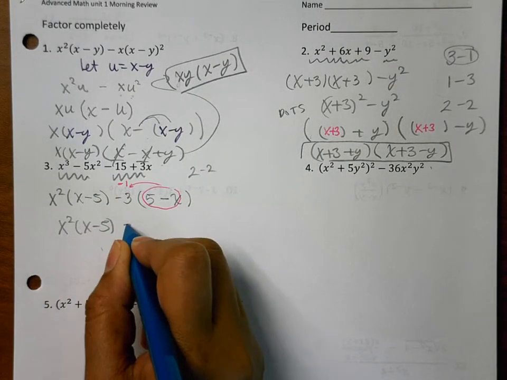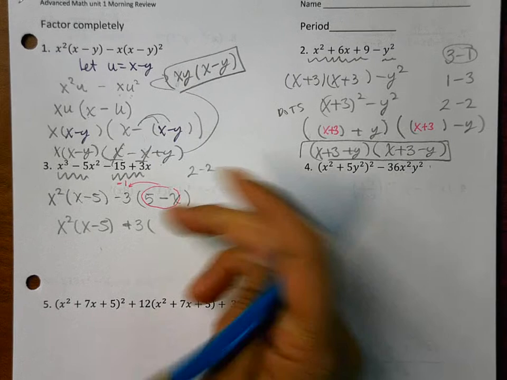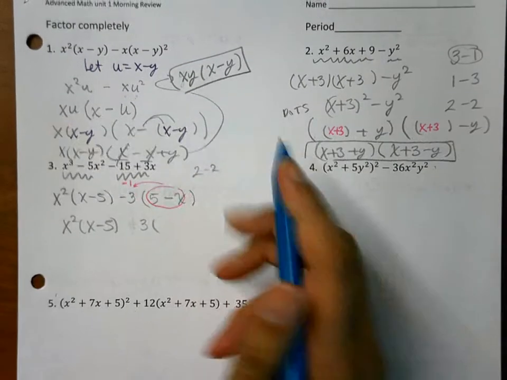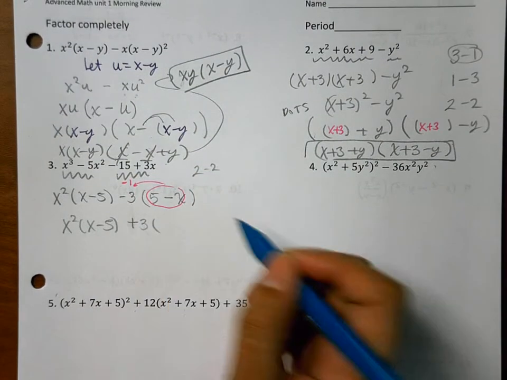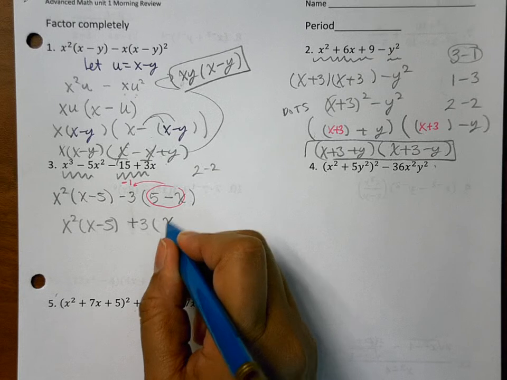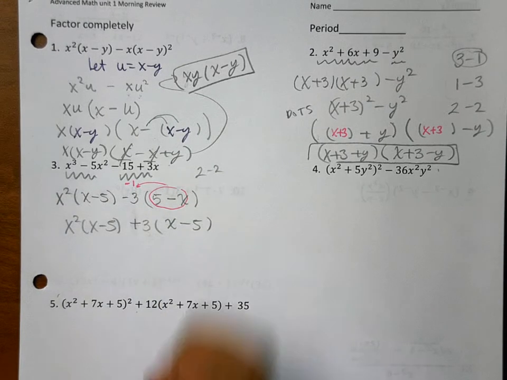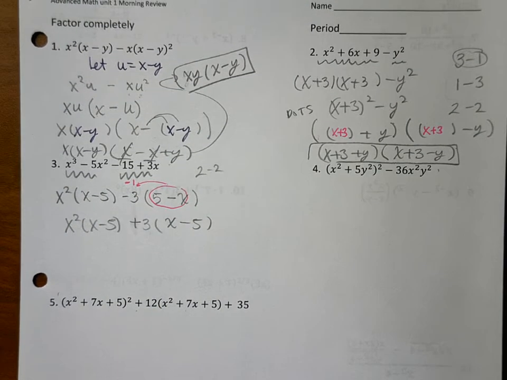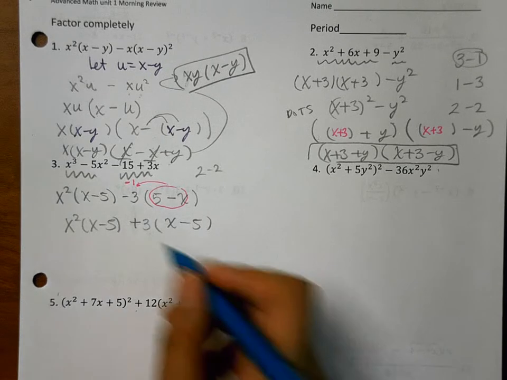So, x squared stays, x minus 5 stays, minus 3 becomes a positive 3, and when you take out a negative, what happens to the 5 minus x? X minus 5. Because that's the opposite. Negative x becomes positive x, positive 5 becomes negative 5, and now we're ready to complete.